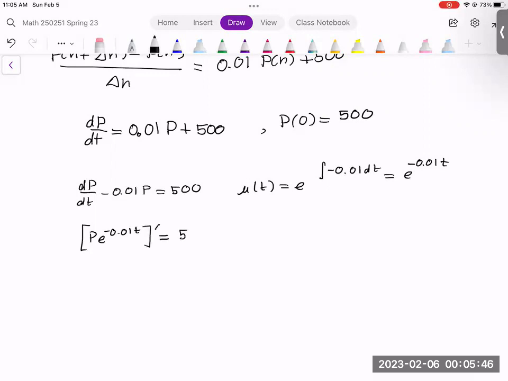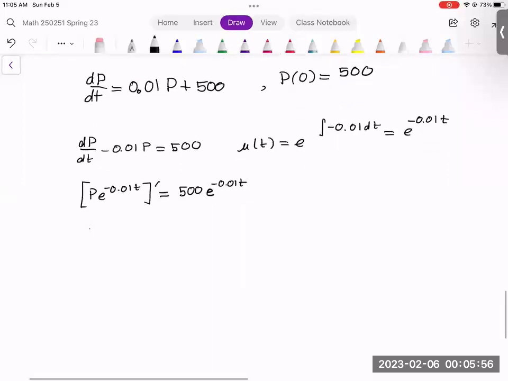Oops, 500 e to the negative 0.01t. And then we integrate both sides. So that undoes this derivative. And on the right-hand side, we have this integral to do.